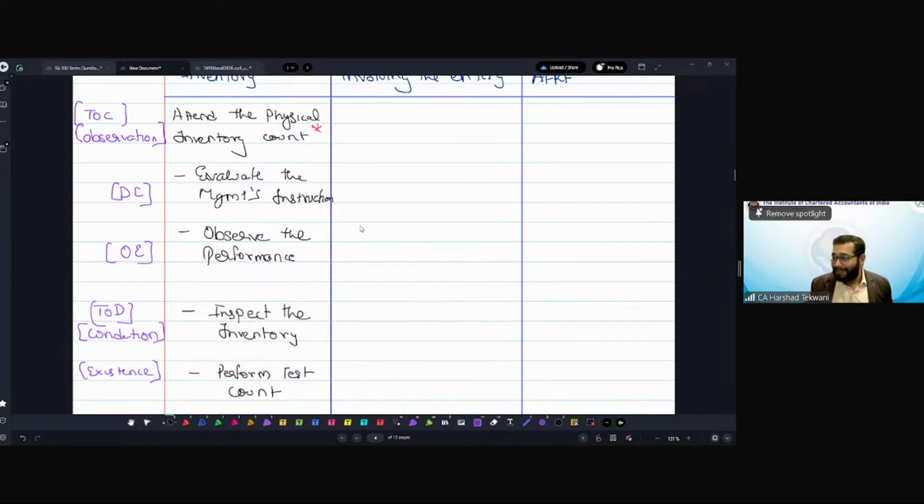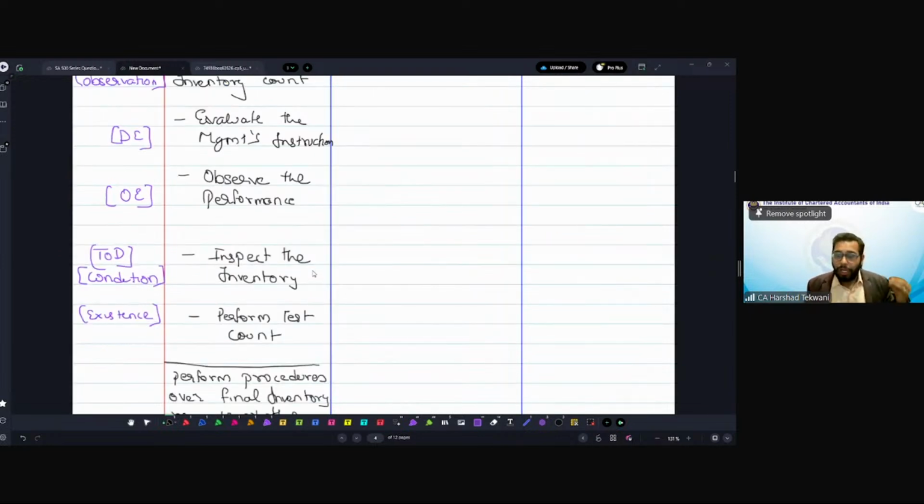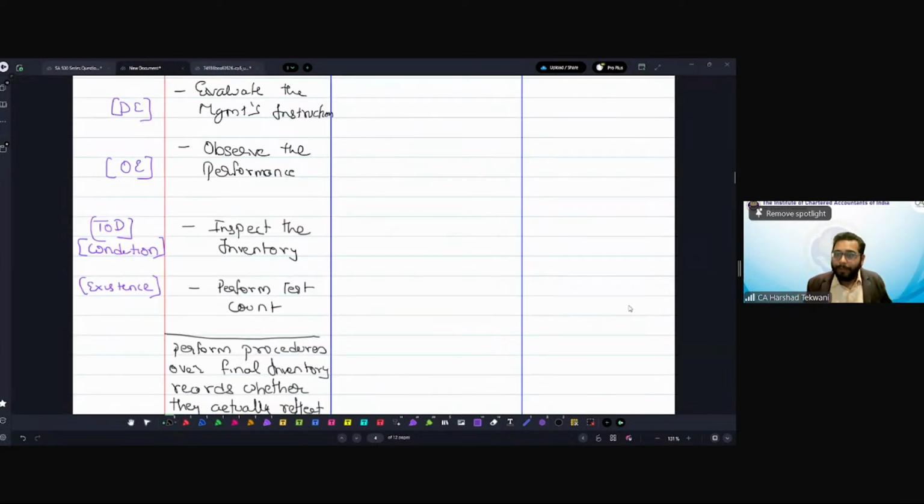They told me there is no space inside. It will be kept outside till the time it is assigned to a particular project. That was the qualitative aspect. So when we are performing the test count, it is not only the quantitative part, but the qualitative part that we need to focus upon. I'm sharing these examples so you can understand how in practicality we perform the audit procedures.